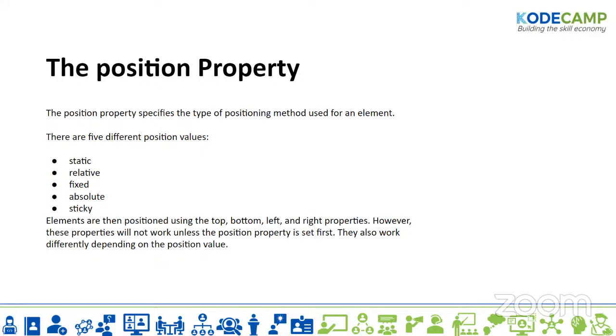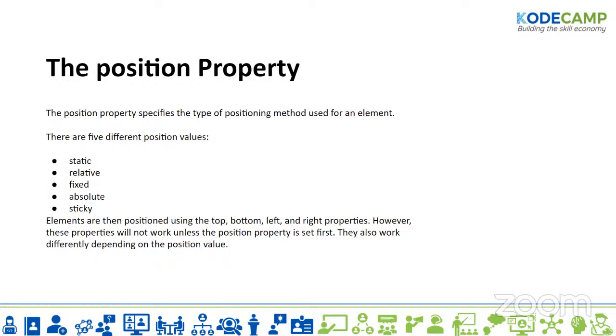You can use position absolute to make something leave the normal flow of a page and just hang at a particular position. So there are different position values, different things that you can do with positioning, and we'll actually look at them.